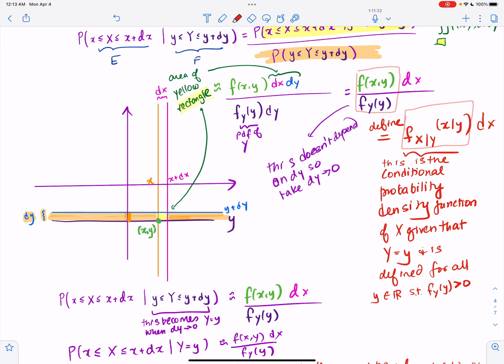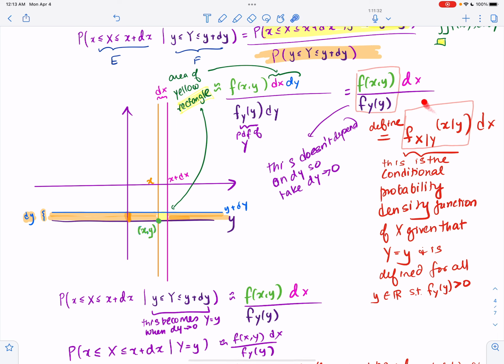Okay? And that chatter was all to explain the motivation behind why the conditional probability density function of x given y equals little y is defined to be f of x, y over f sub y of y, and it's defined for all the little y's where the denominator is greater than 0.